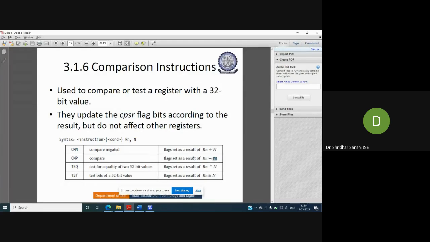And TST is the test bit, that is the AND operation of Rn, the first operand, with the second operand. So these are the comparison instructions.